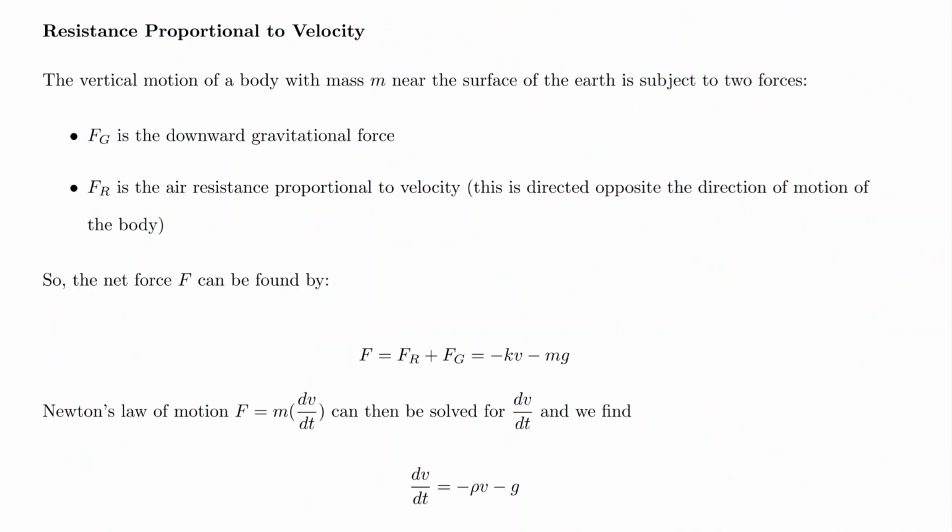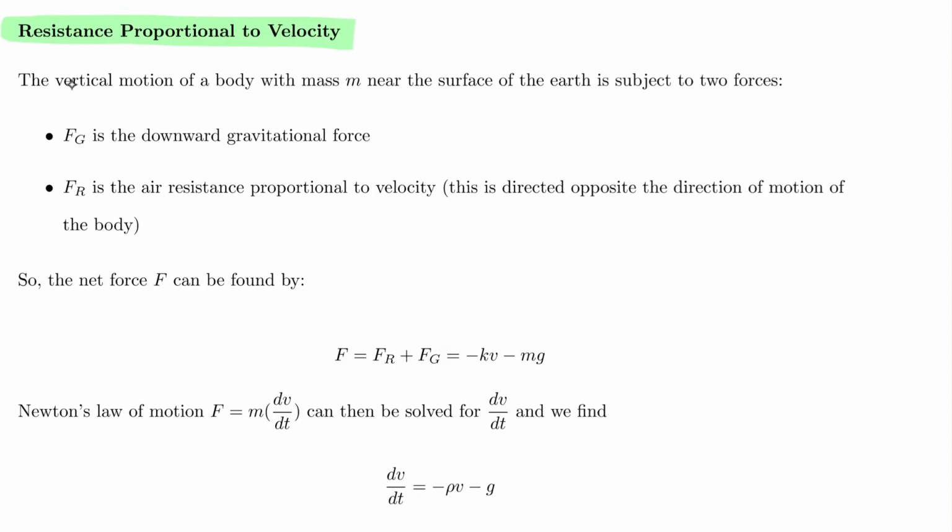Now, some of our acceleration and velocity problems will involve circumstances where we have resistance that is proportional to the velocity. Imagine a body in motion, and particularly it has vertical motion, so straight up and down. It has mass m near the surface of the Earth. That body in motion is subject to two forces.